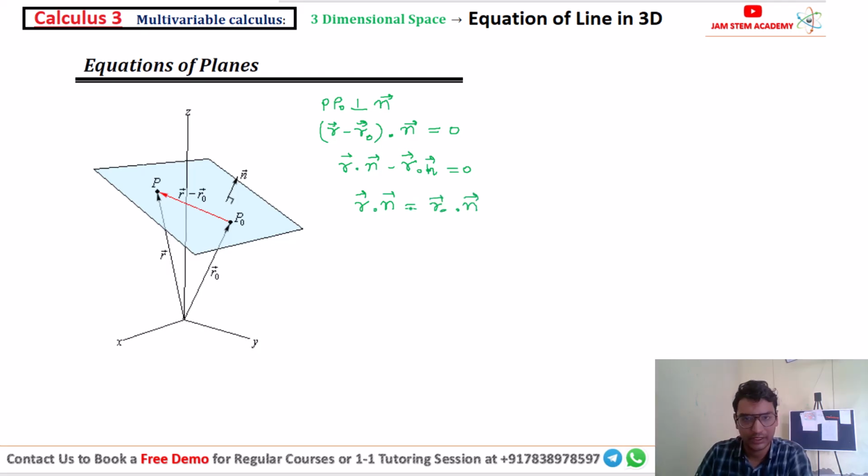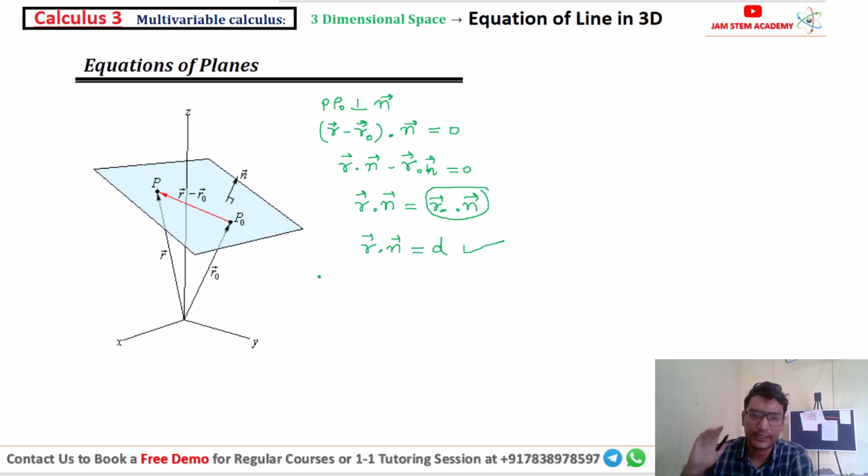See, r naught is a given point and n is also a given normal vector, so this quantity is going to be a scalar number. So let's call it d. If I write r dot n equals d, that is also correct.